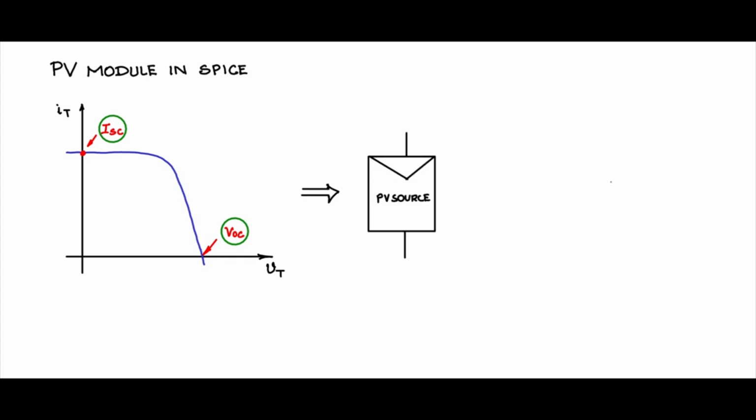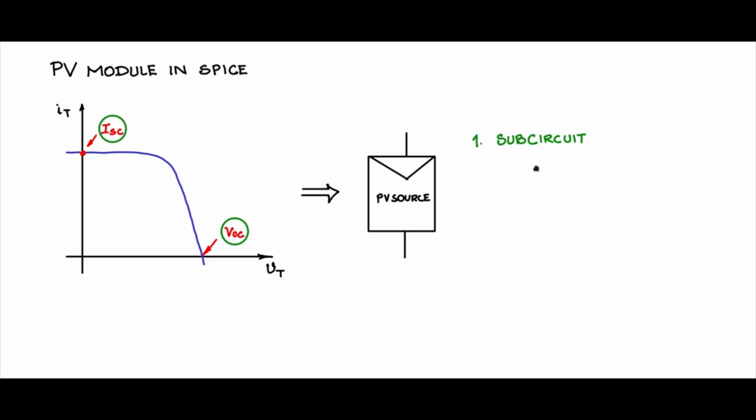We need to do two things. One is to write a subcircuit, and this subcircuit model should represent the PV source having this kind of an IV characteristic. So we can use the current source diode model for writing the subcircuit model. In fact, we can leave out the R shunt and R series and have an idealized diode and current source model itself.